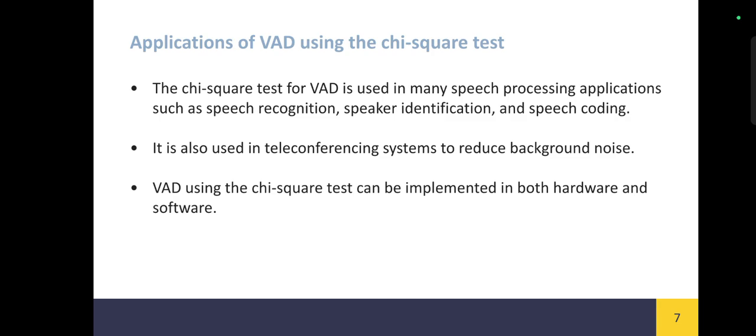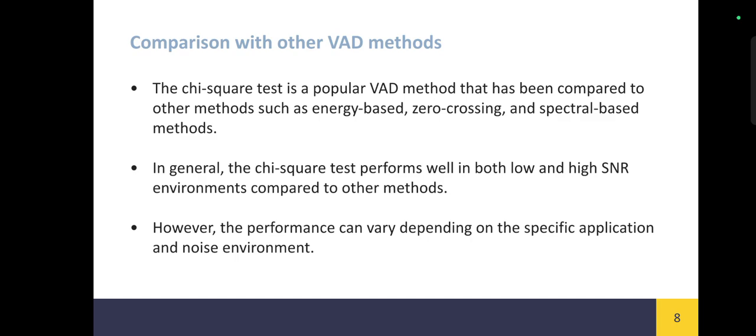Now, moving to another slide: comparison with other VAD methods. The chi-square test is a popular voice activity detection method that has been compared to other methods such as energy-based, zero crossing, and spectral-based methods.